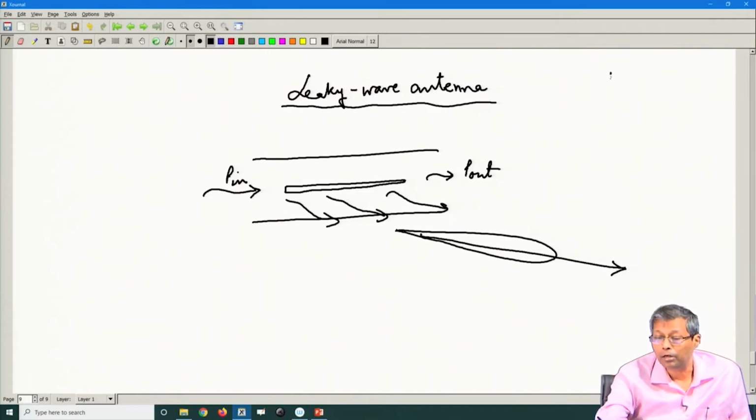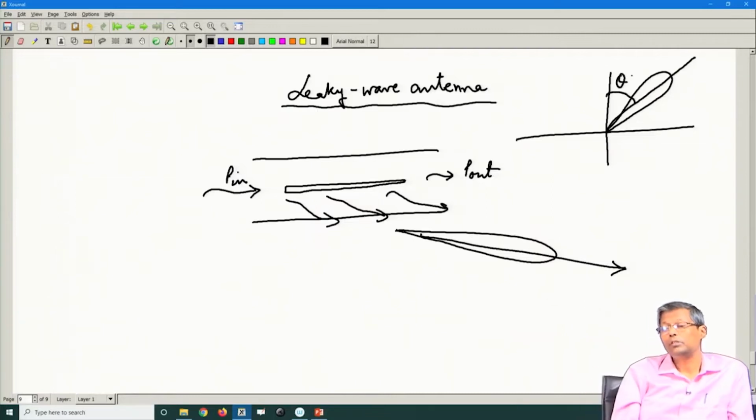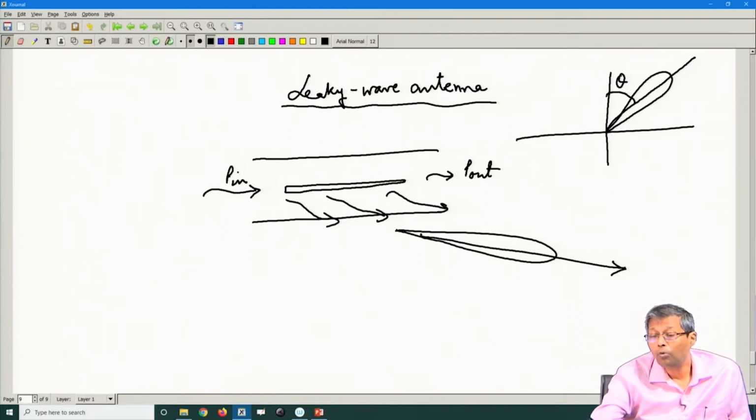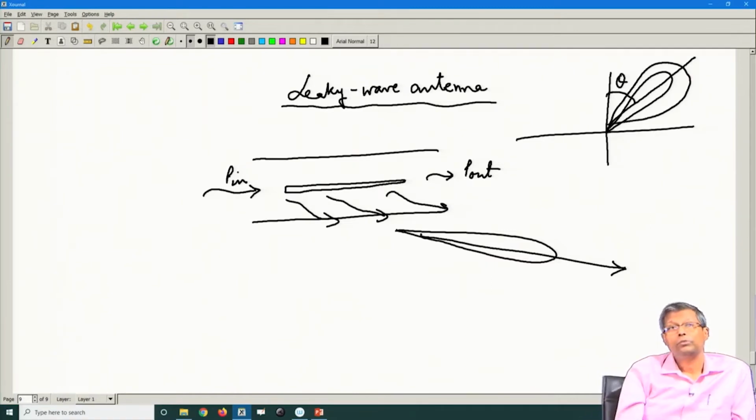In the elevation plane, let us say, what is the beam angle or the beam direction? The other question might be how much is its directivity, whether it is very directive or its directivity is lower, with a larger beam width.